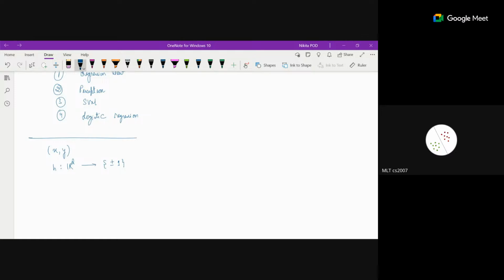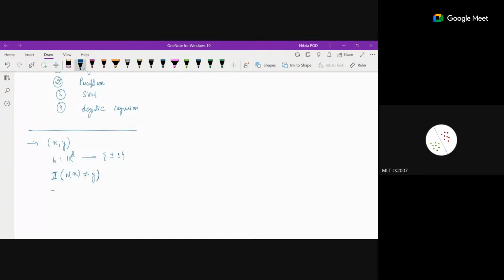And the way we have defined our loss function is the indicator of h of x not equal to y, right? This is how the loss function is defined. And we are going to talk about this from the perspective of just one single point, x comma y, and the indicator function of h of x not equal to y. So what can we write this as?